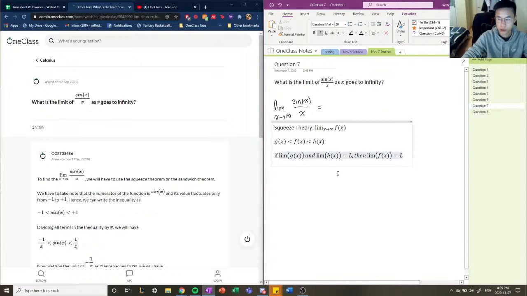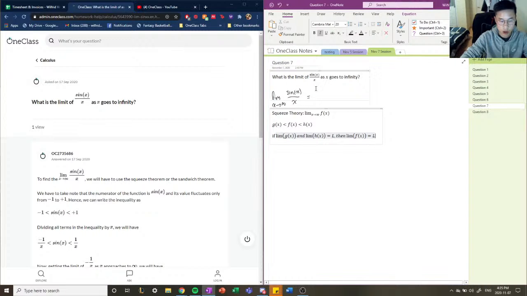So this is what the squeeze theorem suggests, okay? So we can use this theorem to help solve this limit, right? Because this is a very complicated limit and we can't just use substitution of infinity, we can't use conjugation, we can't use algebraic properties to try to simplify this limit, okay?